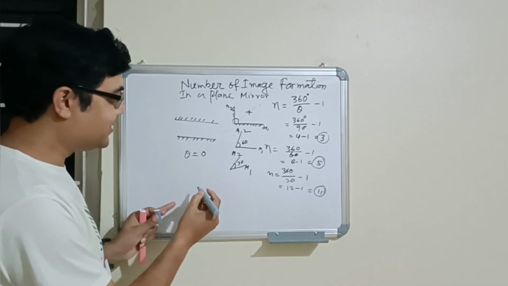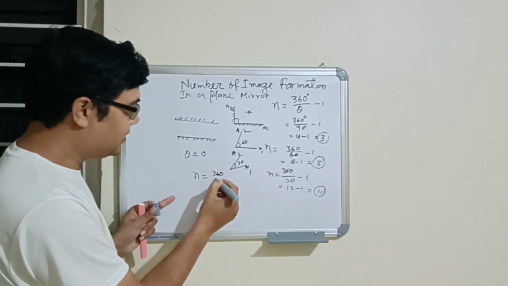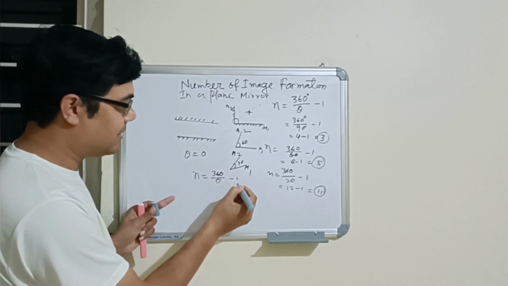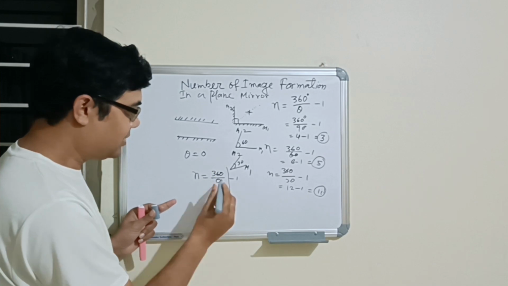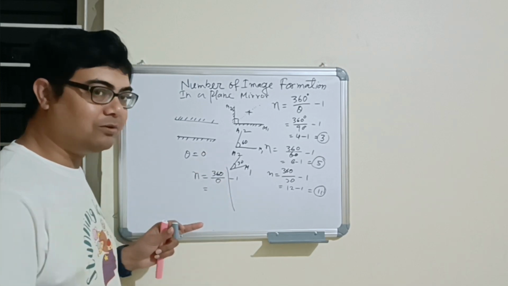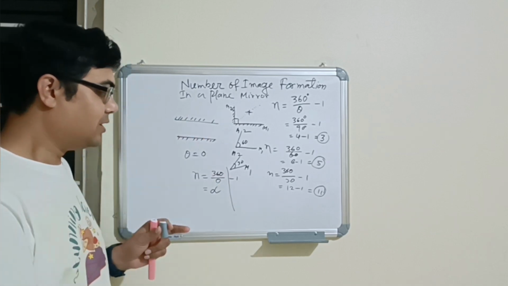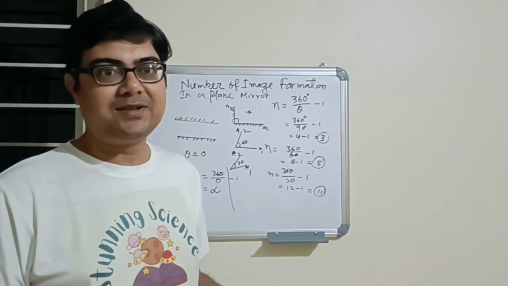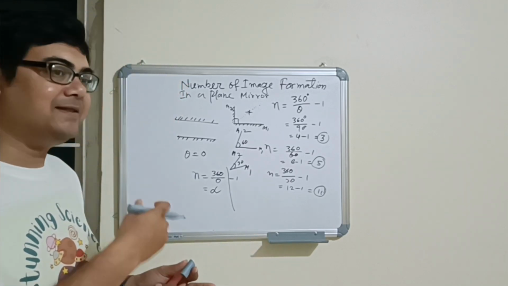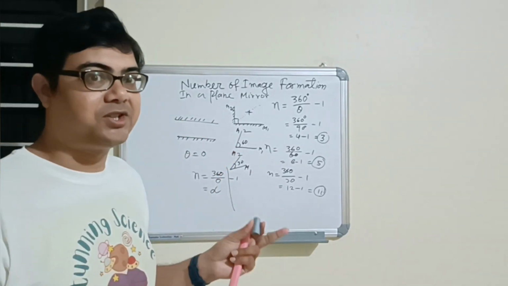If theta is equal to 0 degree, then n is equal to 360 divided by 0 minus 1. I am just leaving the minus 1 part. So 1 by 0, we know it is infinite. So an infinite number of images would be formed. We can see lots of images, and it is very interesting.